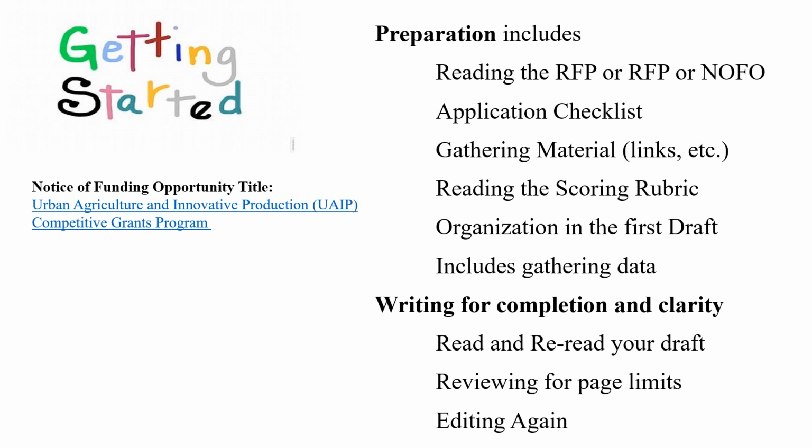And we'll talk more about that too. Then, as far as writing for completion and clarity, you have to read and reread your draft. Get someone else to read it, keep reviewing for page limitations, and then edit and edit again.